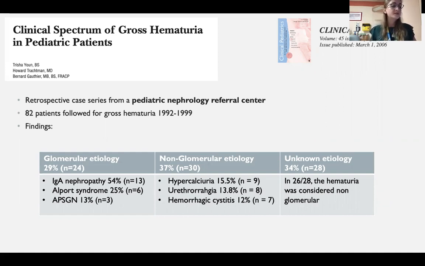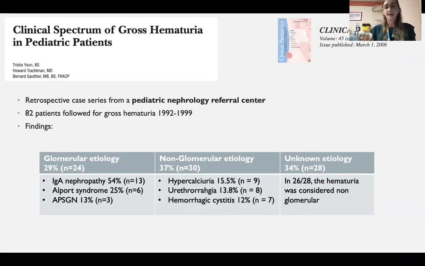The findings revealed that almost a third of the cases were of glomerular source, being IgA nephropathy, Alport syndrome, and post-streptococcal glomerulonephritis the most common causes. Another third of the cases were attributed to non-glomerular causes, being hypercalciuria number one, but followed very closely by urethrorrhagia and hemorrhagic cystitis.